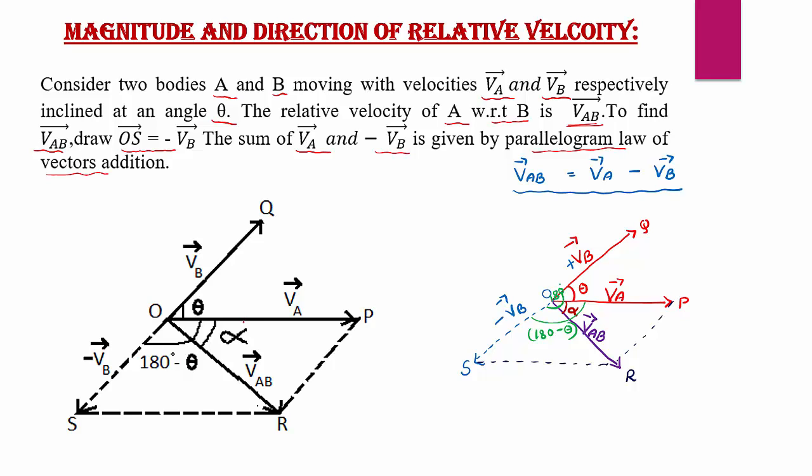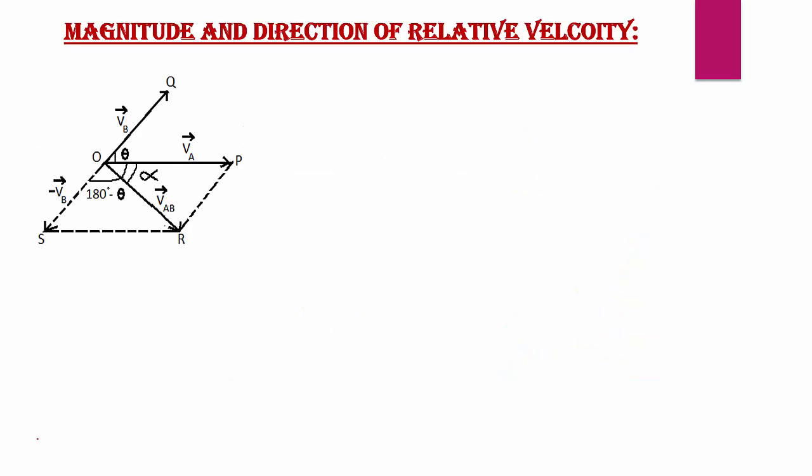Now I am going to derive the magnitude and direction of relative velocity. We already derived magnitude and direction using the parallelogram law of vector addition. You can observe here, I am going to consider the magnitude of two vectors. We already derived this expression: r equal to square root of p square plus q square plus 2pq cos theta. This equation we already derived using the parallelogram law of vector addition, so this gives magnitude.